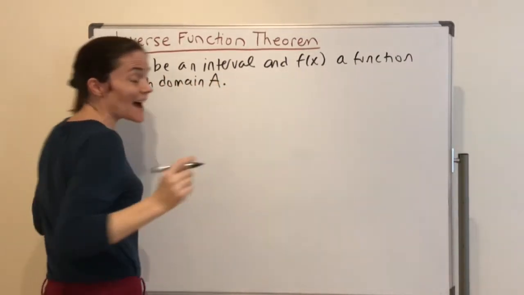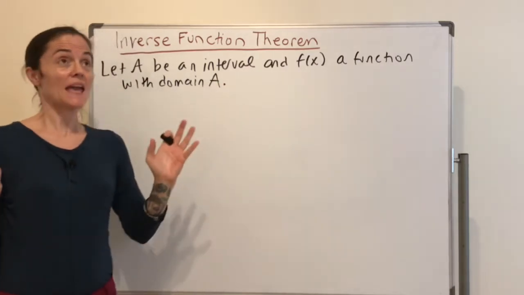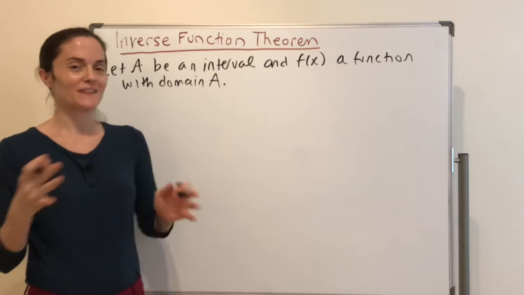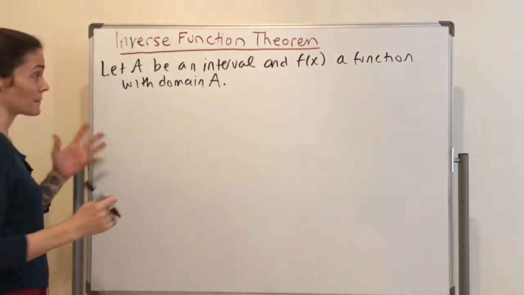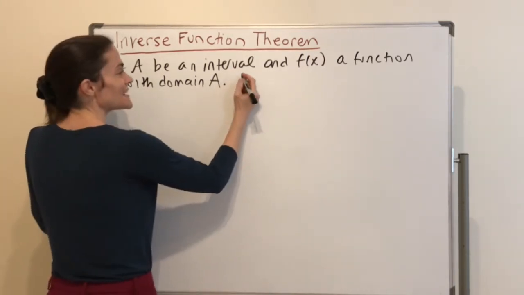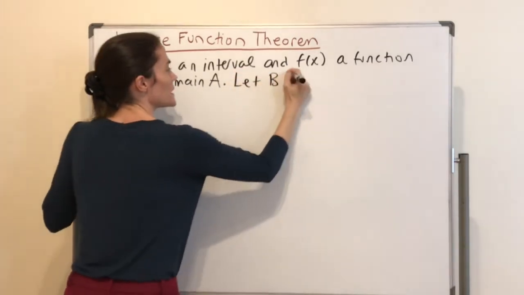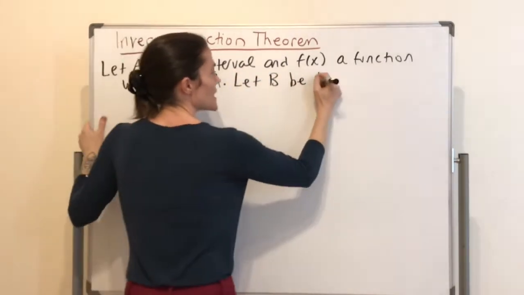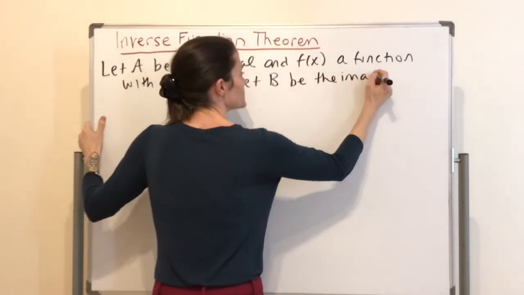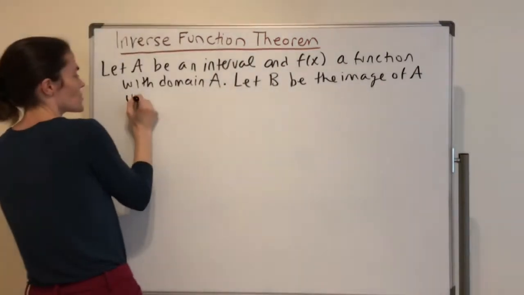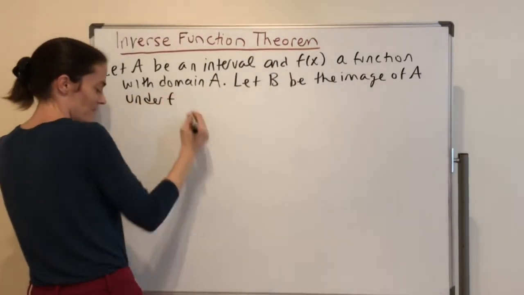Now, A could be the function's natural domain, or it could be some restricted domain for the problem you're working on. And then we let capital B be the image of capital A under f.